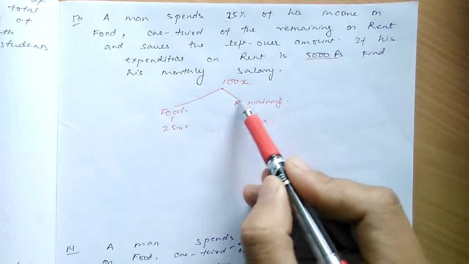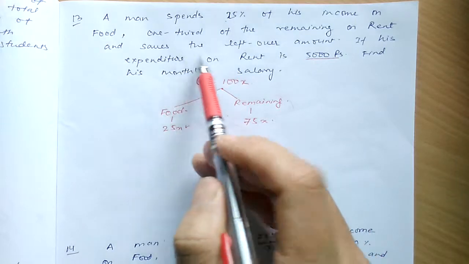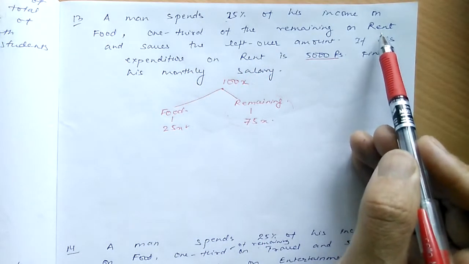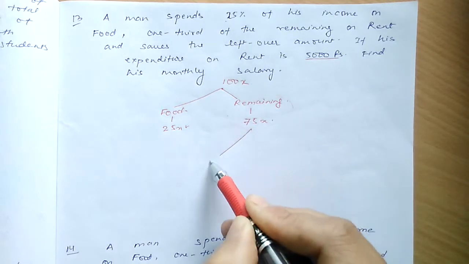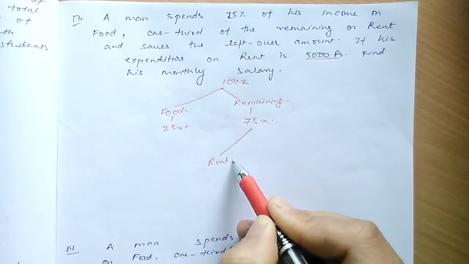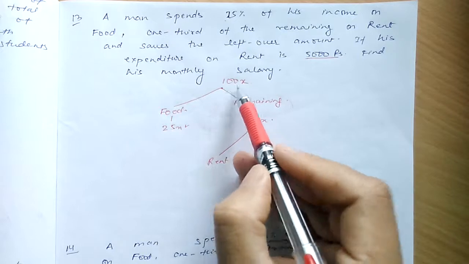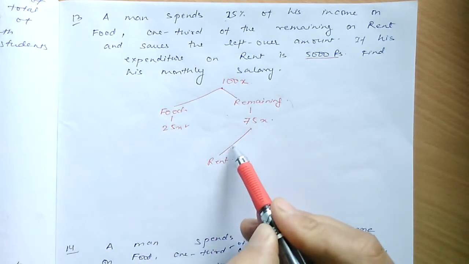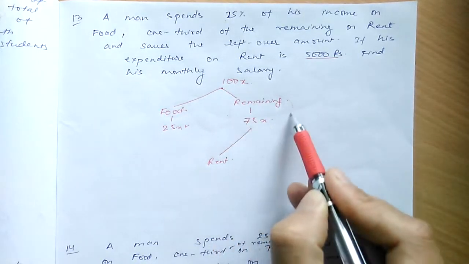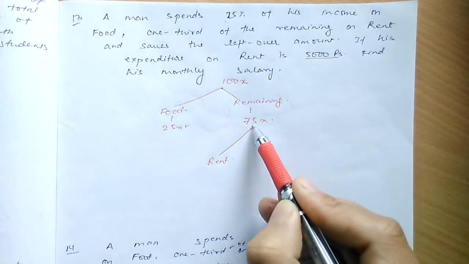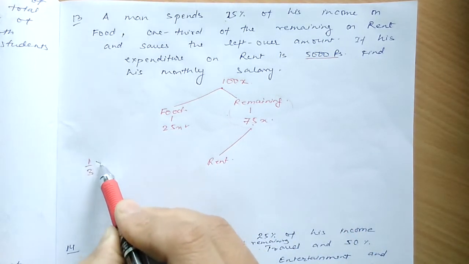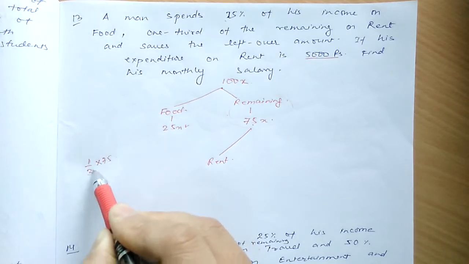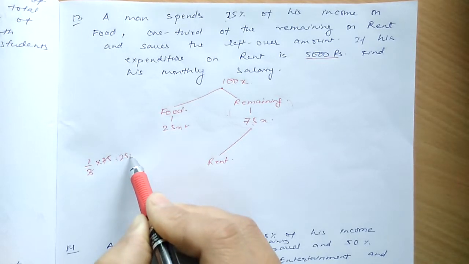And out of this remaining, he spends one third on rent. So one third of 75x, not one third of 100x, but one third of the remaining. So one third of remaining on rent, 1 by 3 into 75 is 25.